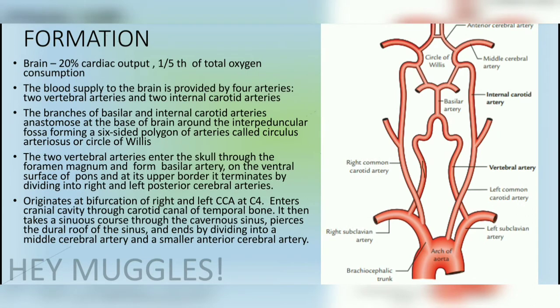So your two vertebral arteries add to the lower border of the pons. They enter the skull through the foramen magnum and at the lower border of the pons they form the basilar artery, right?